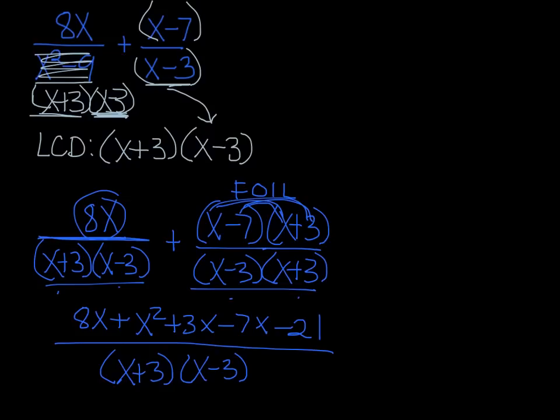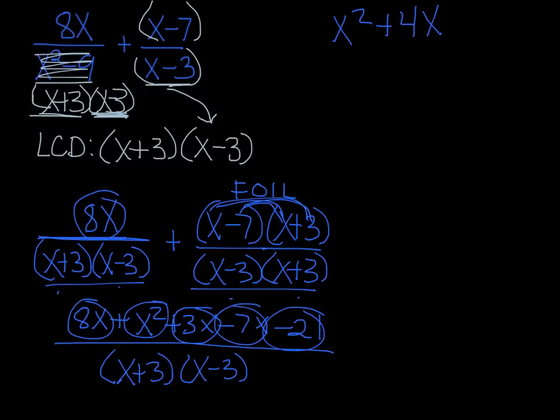It's factored and it's not going to change, so we leave it factored. But on the top, we want to combine like terms. So we've got x squared. And then we have 8x and 3x makes 11x. 11 minus 7 is 4x, so x squared plus 4x. And then I have minus 21. That's the numerator. The denominator is (x plus 3)(x minus 3).